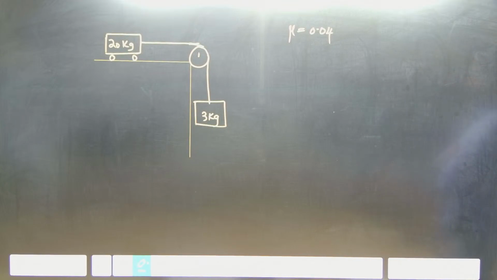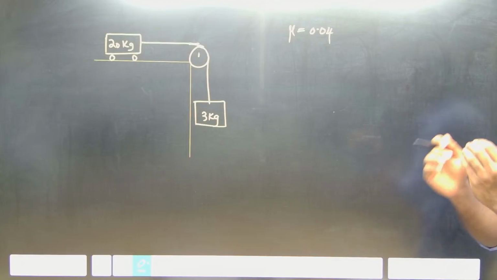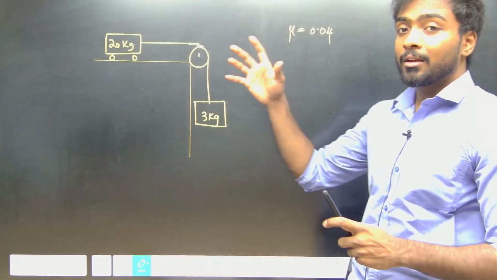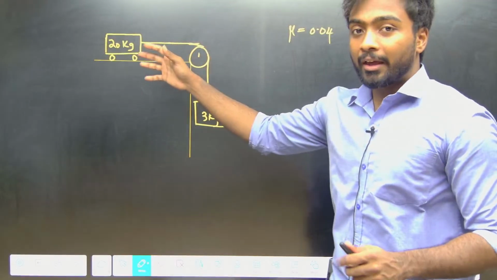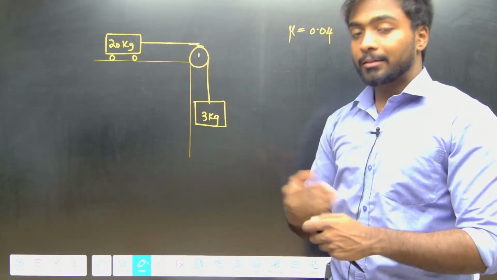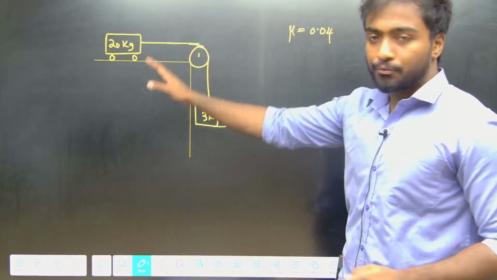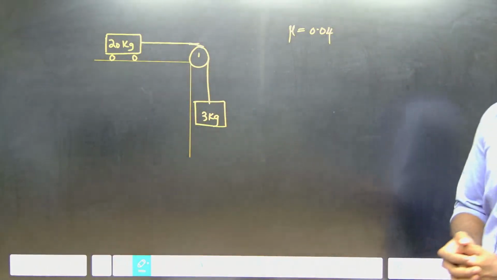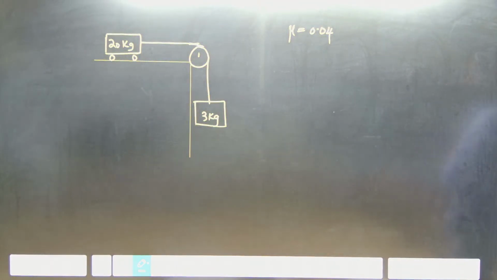I will give a minute's time. You try to analyze only the free body diagram, whatever we have seen in the previous cases. You do not need to talk about the friction.